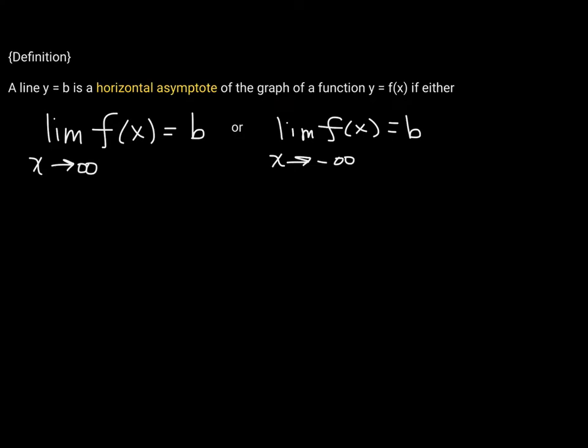It can have one horizontal asymptote, two horizontal asymptotes. It depends on whether the function has these limits at infinity. So let's look at the following example. I think the next example I'm about to show you, you're going to see that the graph of this function has two horizontal asymptotes. Let's check it out.